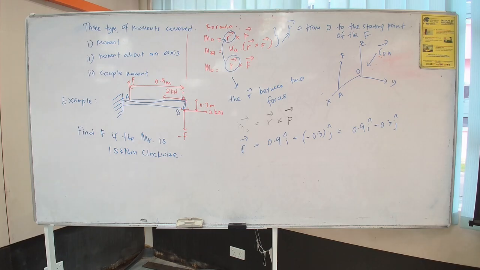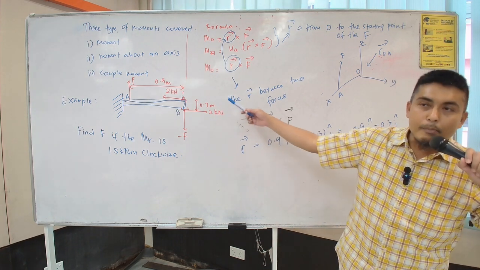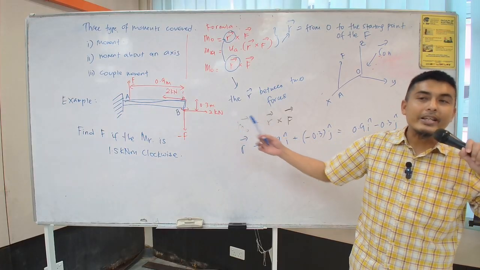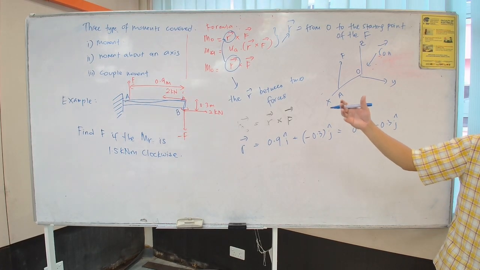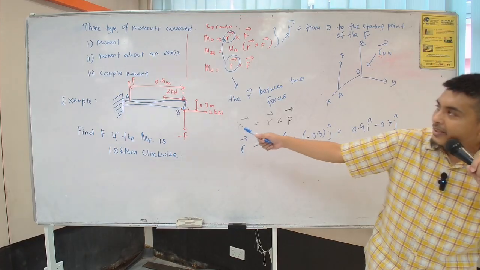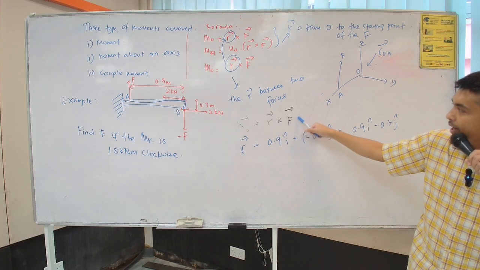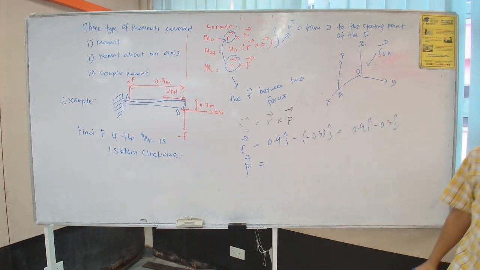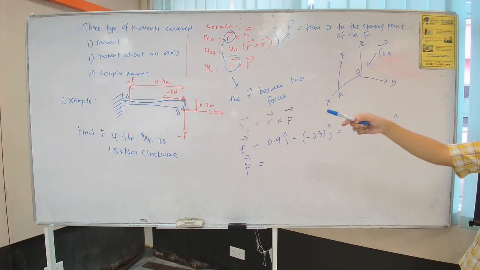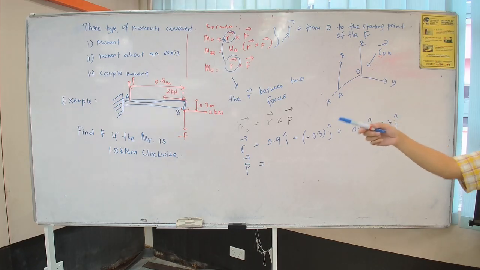That's all. Okay. And then after that, this is our starting point at A, our end point at B. So now we need to consider the force at the end point, which is at B. Because we already found our R, now we want to find the information of the F. The F we need is about B, not A. Why B?